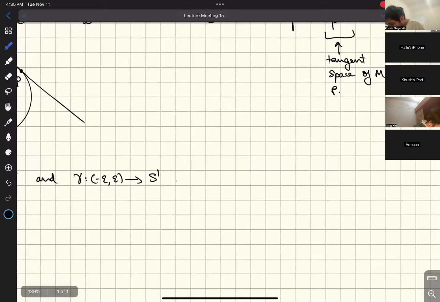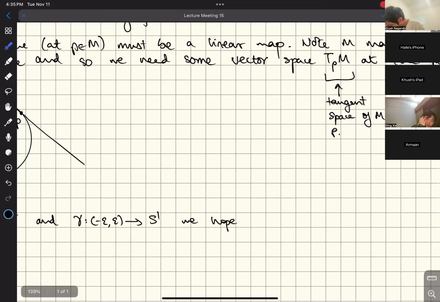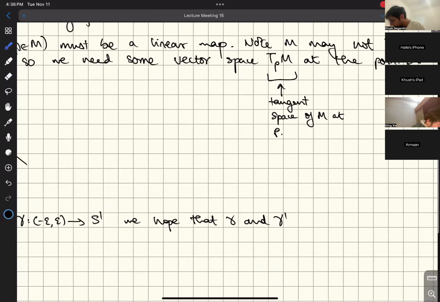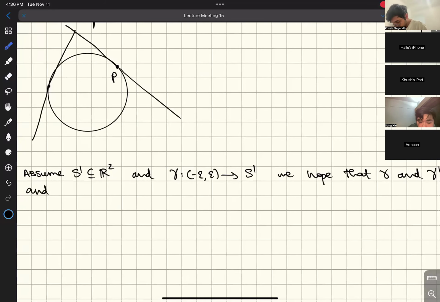We hope that gamma and gamma prime are tangent at each t.